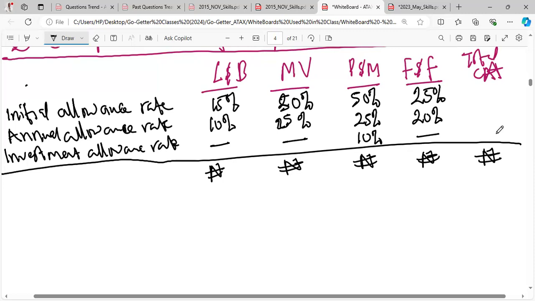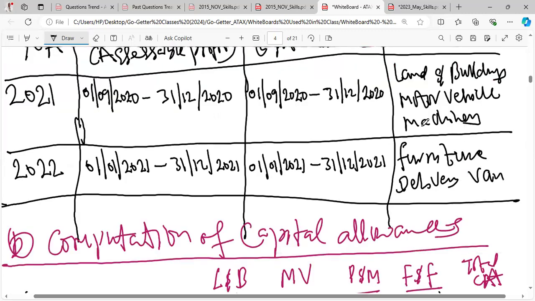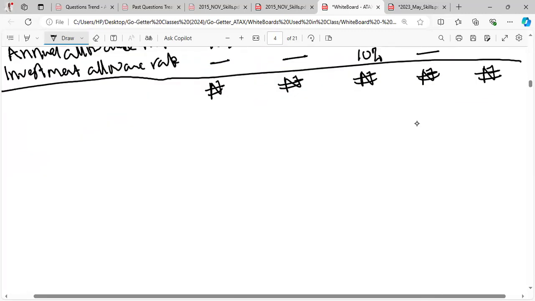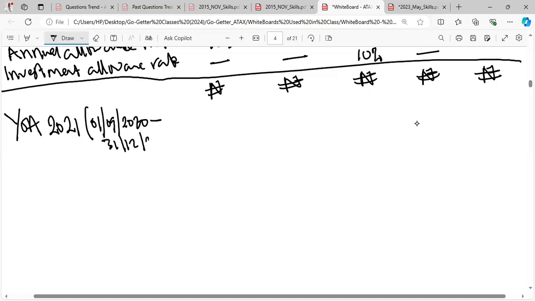So we have just 2 years of assessment to do, 2021. So we have your year of assessment 2021. Basis period is September 1, 2020 to 31st December 2020.